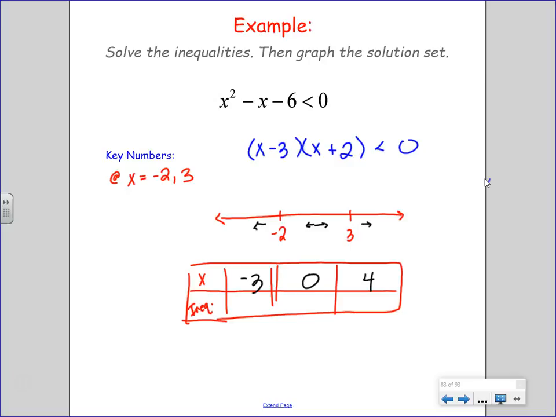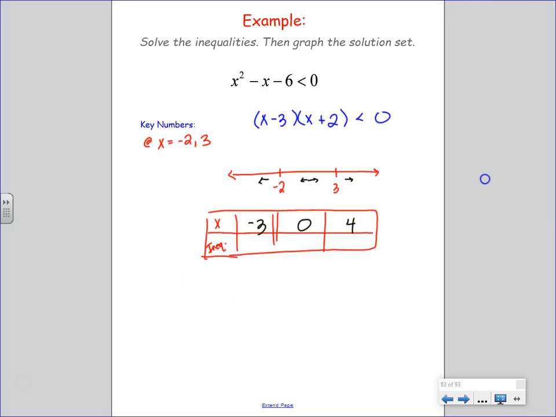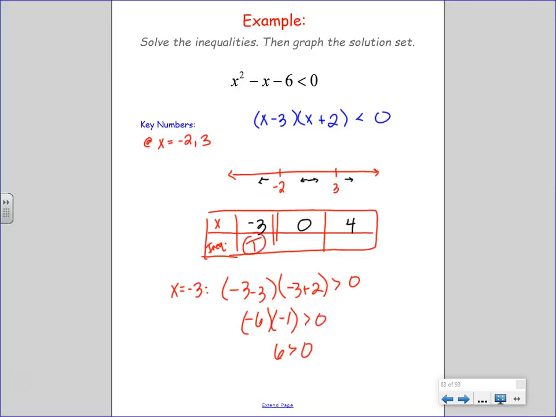When we plug in -3, we get -3 minus 3 times -3 plus 2 greater than 0, which ends up being -6 times -1 greater than 0, 6 greater than 0, and the question is true or false? True.